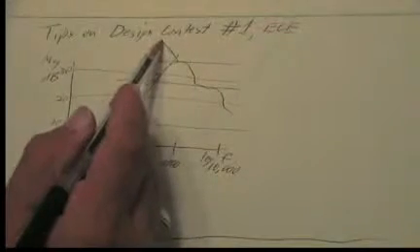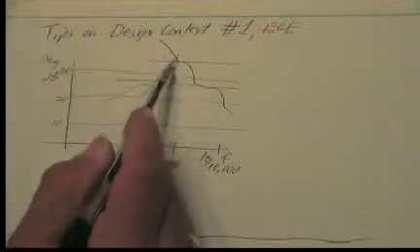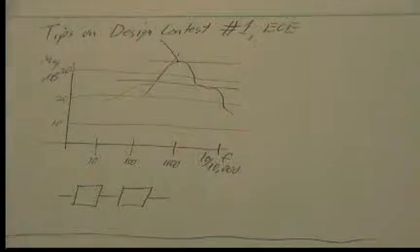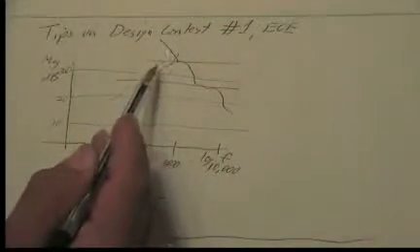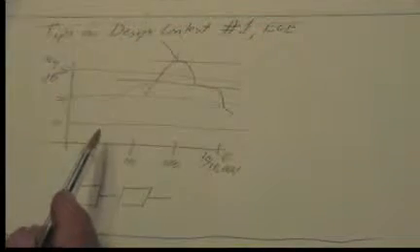If I'm rising in my filter here at the same rate that it's falling in the original signal, then they'll cancel each other out and I'll get a flat response.